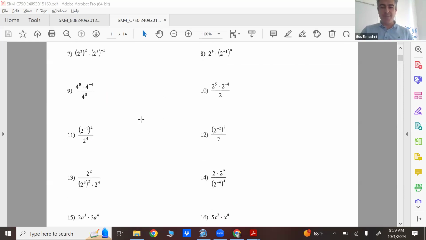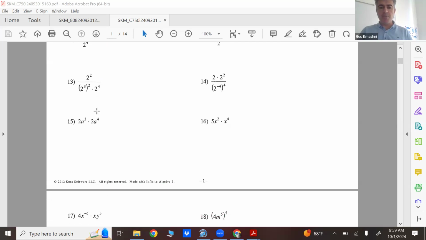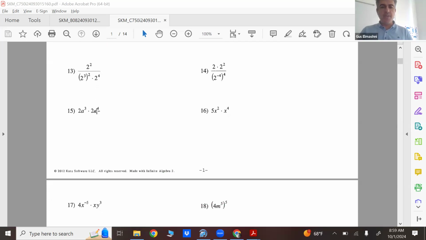Let's take a look at something a little more complicated, like number 13 really quickly. So I have 2 squared, which I know is this, right? I have 2 cubed squared, which means 2 times 2 times 2, and of course I have another 2 like this. When I work it all out, it's going to be kind of crazy.